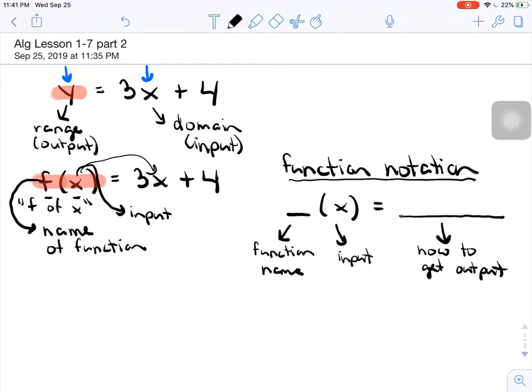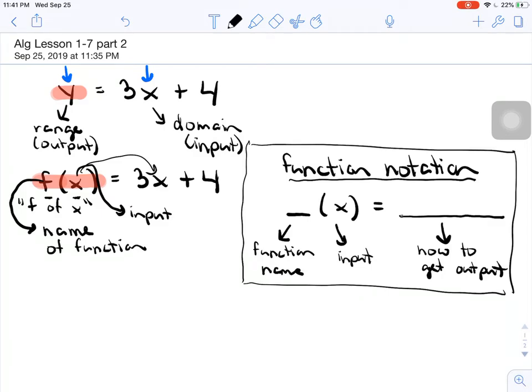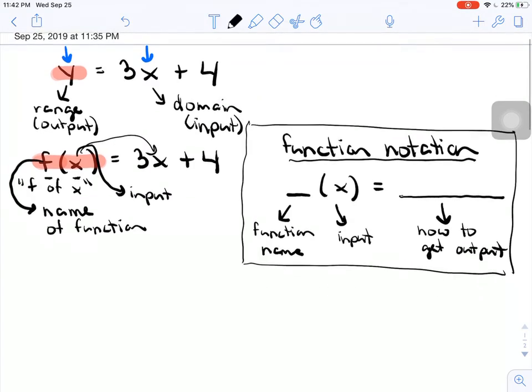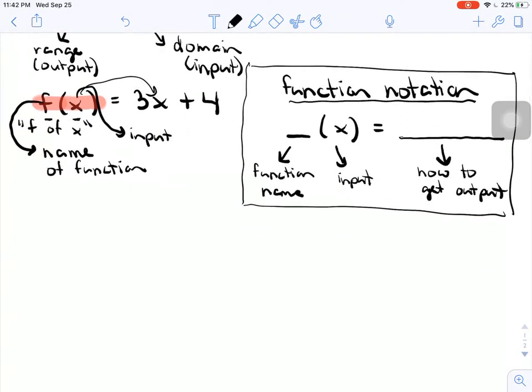So coming back to our y equals 3x plus 4, or in function notation, f of x equals 3x plus 4, if we wanted to use that notation, it would look something like this. So you can be given an input in function notation that's asking you to calculate the output based off of that input.